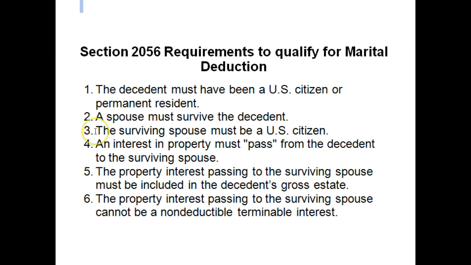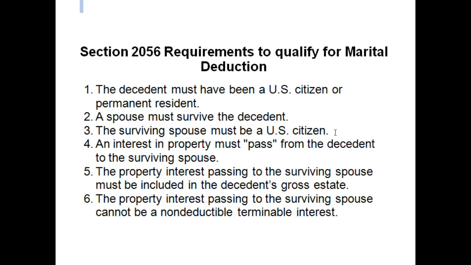With respect to Condition 3, where it says the surviving spouse must be a U.S. citizen, this is not quite as simple as it looks. It's Section 2056(d) that denies the deduction if the spouse is a non-citizen.